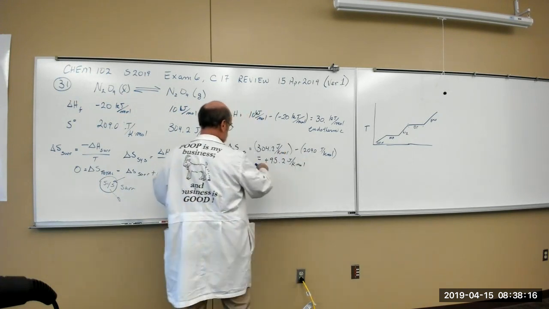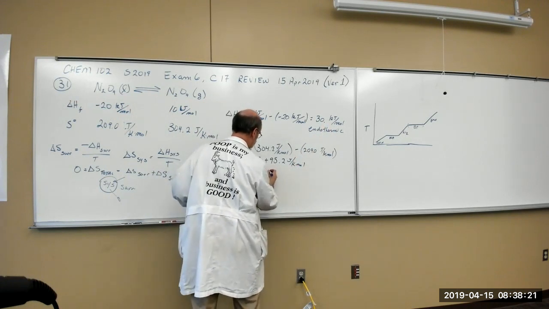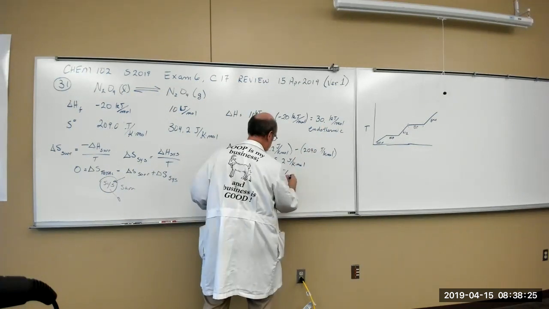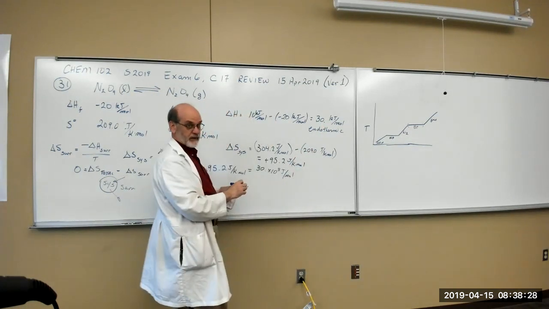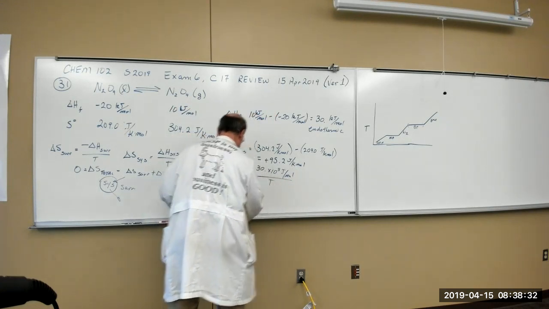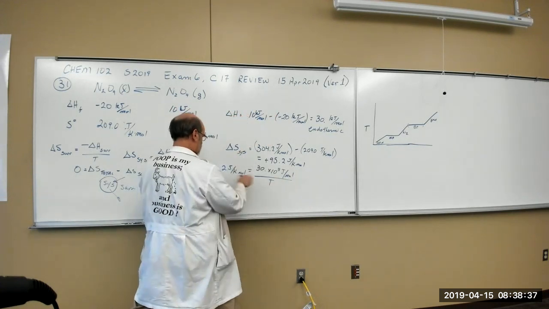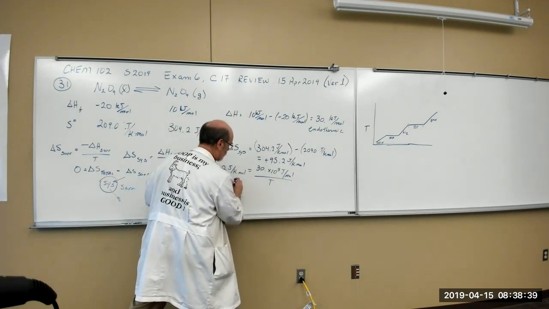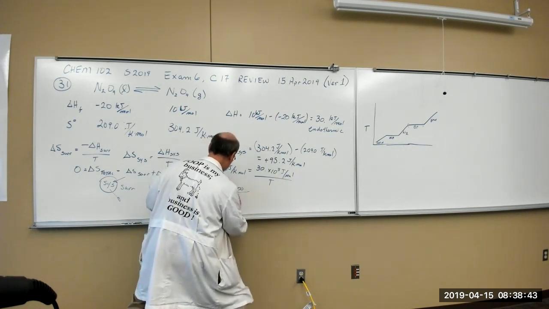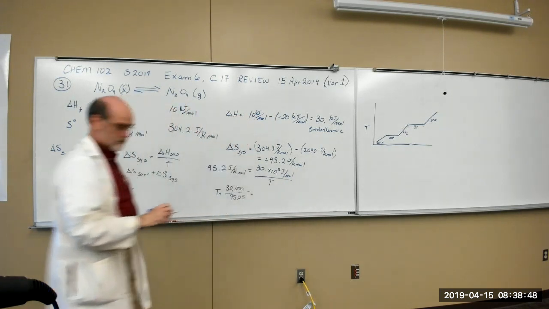Now, this is kilojoules and this is joules, so this one has to be 30 times 10 to the third joules per mole, divided by 95. So temperature then will be 30,000 divided by 95.25.